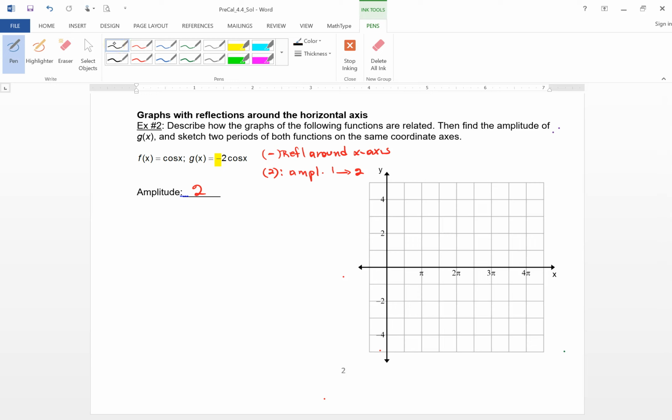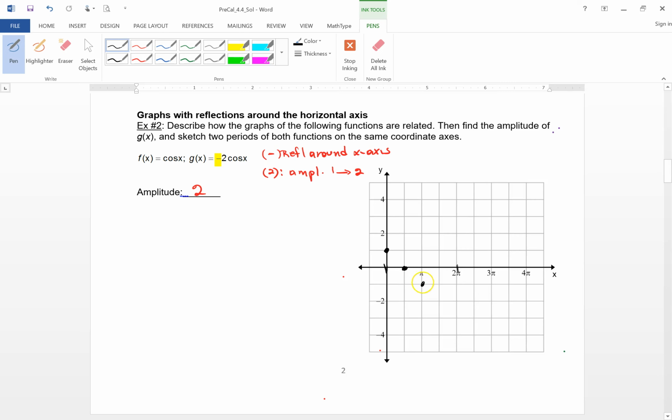The period of the cosine is 2 pi, so it's going to go from 0 to 2 pi. Where does it start? Does it start at 0 or 1 for the cosine? I'm graphing f of x, it's just straight cosine. Starts at 1. Once you know the starting point, you're now just going to oscillate between the 3 values, 1, 0, -1. So from here, you can only go to 0.